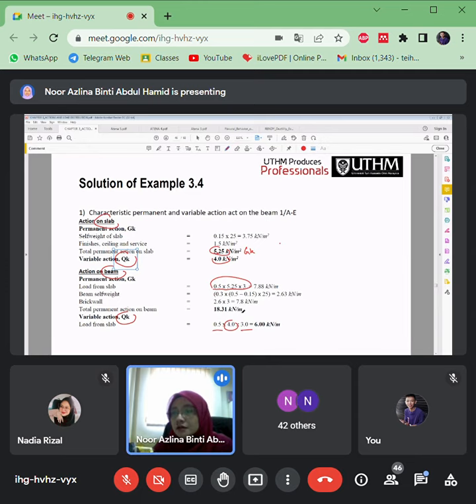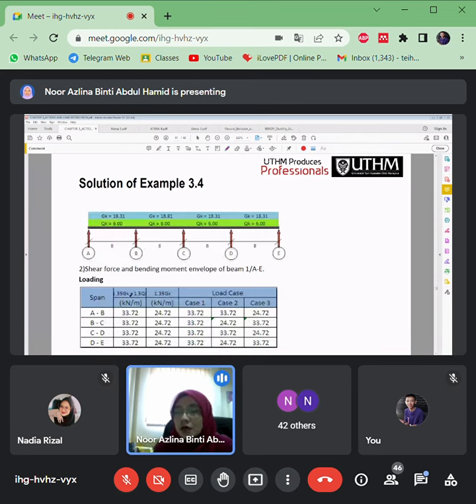Then it shows here that this is the Gk, this is the Qk, without any safety factor. Because we want to come out with 3 load cases, one with a maximum load and one with a minimum load. So this is how the table wants you to understand that we have all the spans.